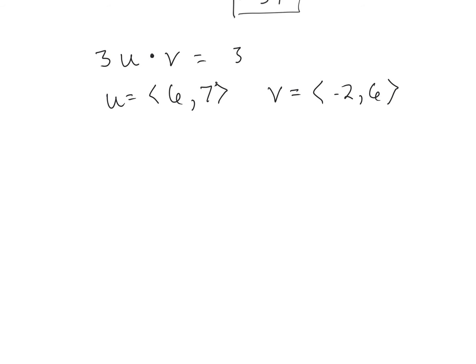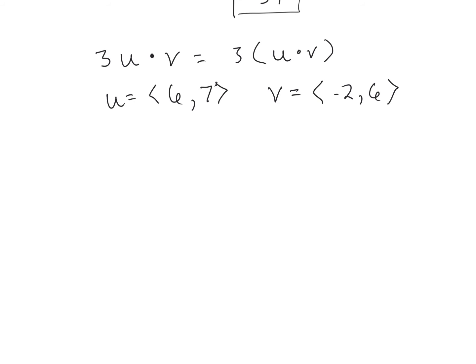Let's go on and do another example. Let's say we have 3u dot product v. So u is being multiplied by a magnitude of 3. First things first, let's say u is (6, 7) and v is (-2, 6). To find 3u dot v, we can say this is the same thing as 3 times the dot product of u and v.